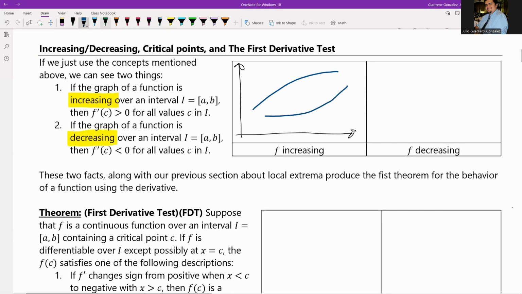Hopefully you take note that all of these slopes are positive, every single one. And this is for any increasing graph.